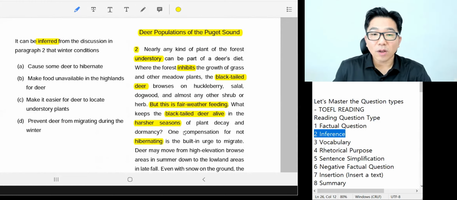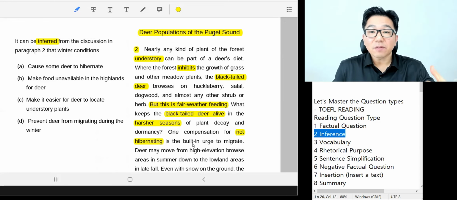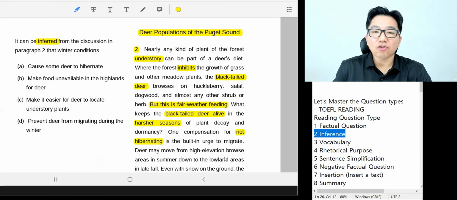They don't do that. One compensation for not hibernating is a built-in urge, DNA drive, natural tendency to migrate, okay? So they move, they migrate.